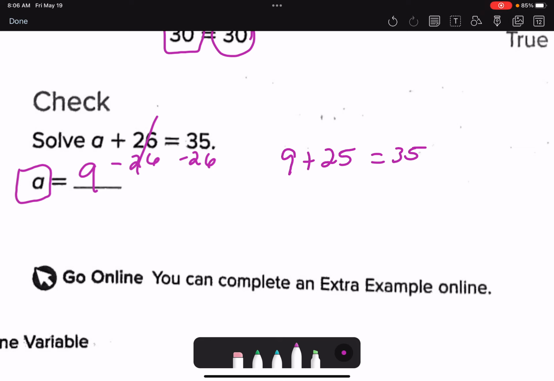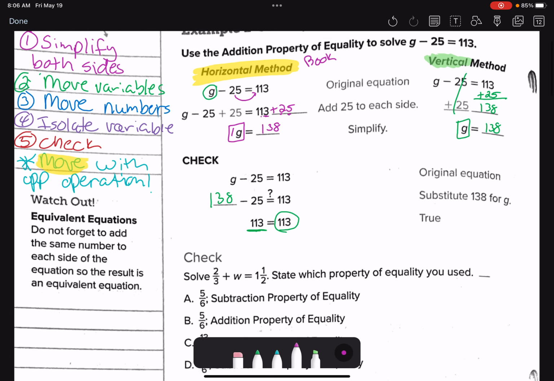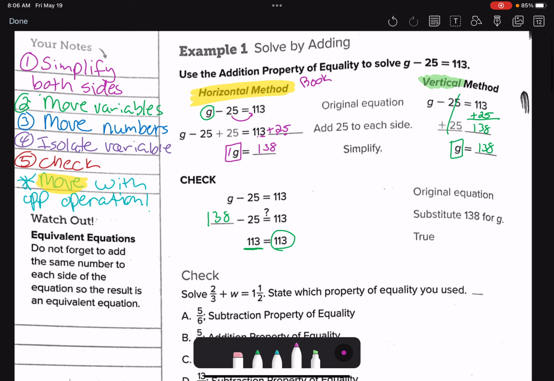I am correct. Oops, I messed up. Go back and check your work. If I plug it back in, 9 plus 26 does in fact equal 35. I am correct. So that is how you do one-step equations with addition and subtraction.